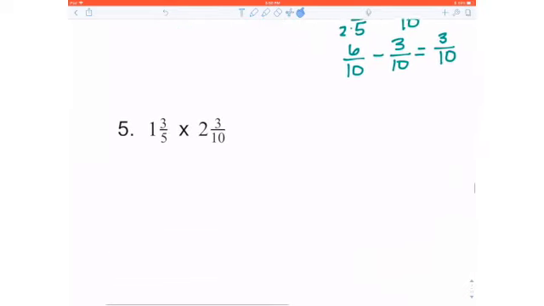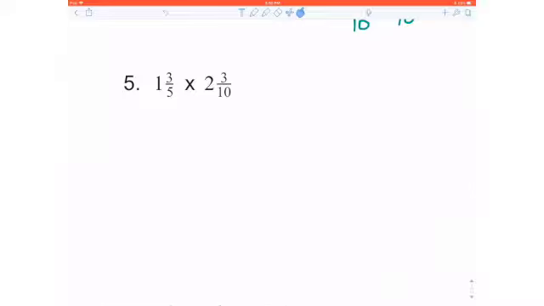Now let's look at some multiplication. My recommendation for multiplication is to always make them improper fractions before multiplying them. Now remember, we make mixed numbers into improper fractions by adding a little multiplication sign here and a little plus sign here.